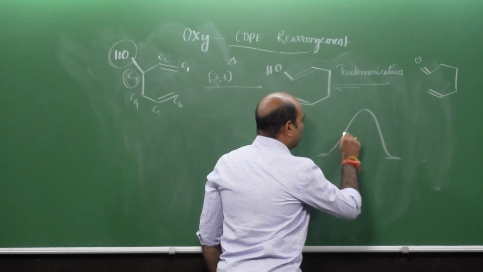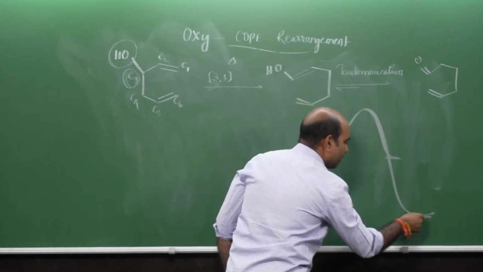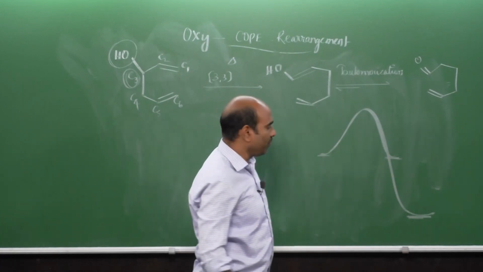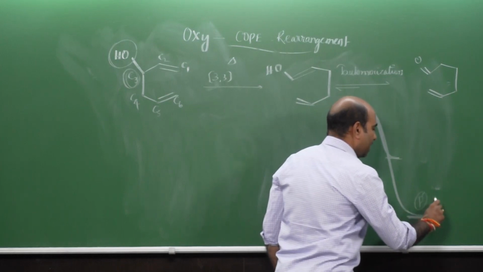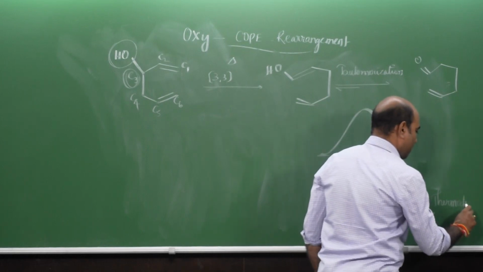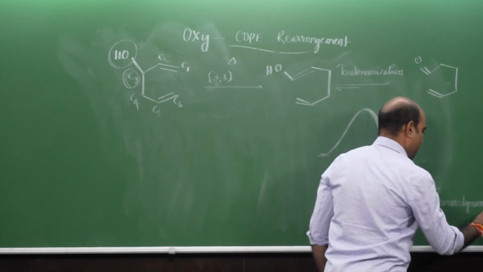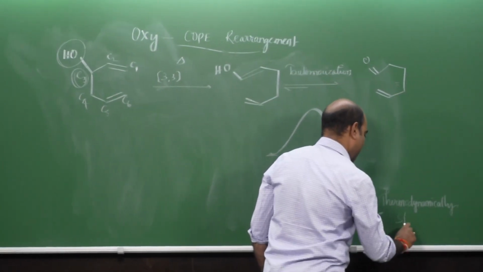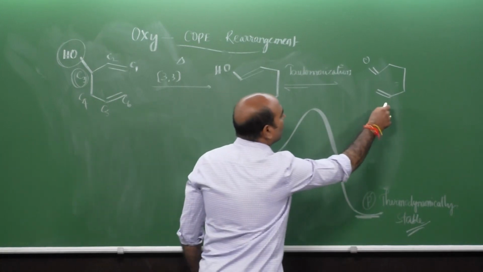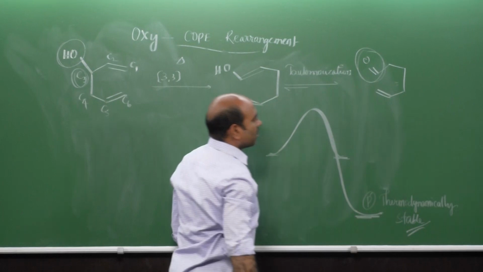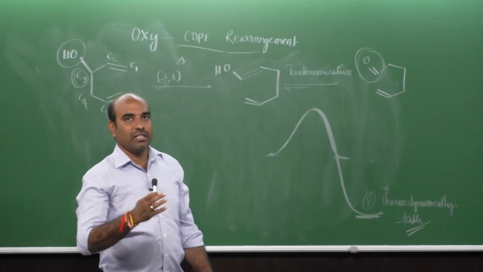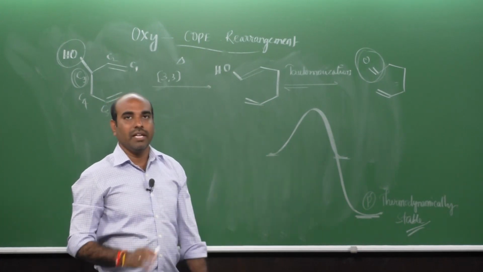But if the same reaction happens this way, where the energy of the product is much lower compared to the energy of the reactant molecule, we call these kinds of products thermodynamically stable products. The formation of the compound with a carbonyl function makes them thermodynamically stable. So this is the reason why the Oxy-Cope rearrangements are irreversible in nature.